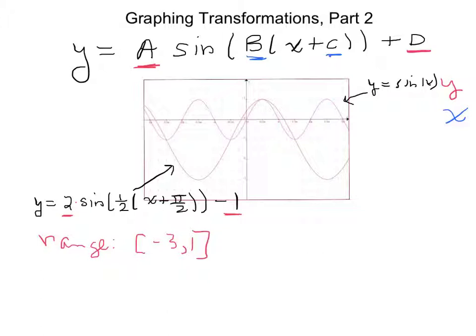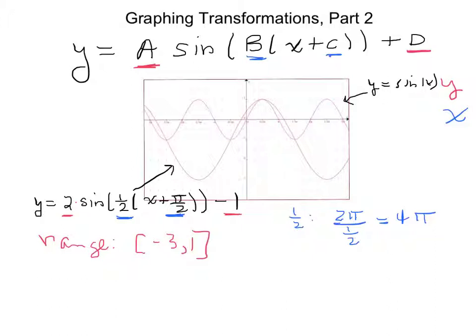So now let's look at what happens with the 1/2 and the pi over 2. Okay, so the 1/2 changes the period, and the new period is going to be 2 pi over 1/2, or 4 pi. So let's just check that out.